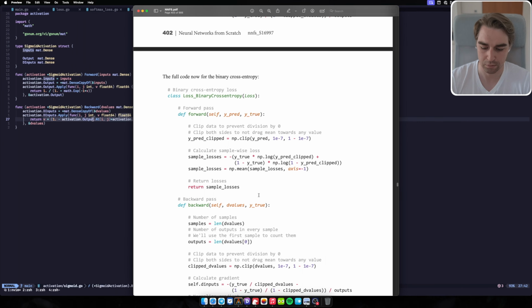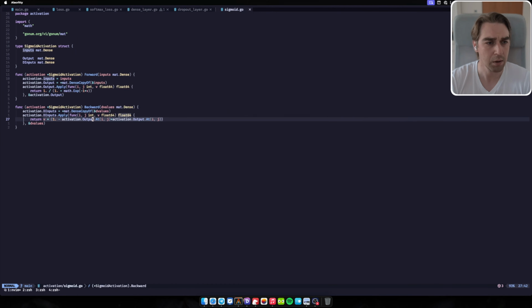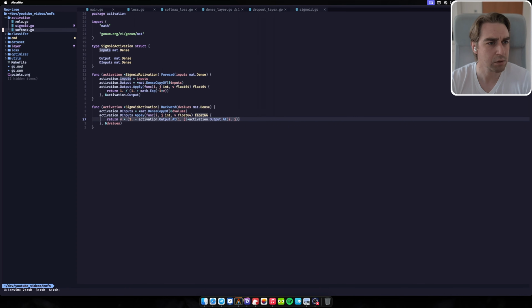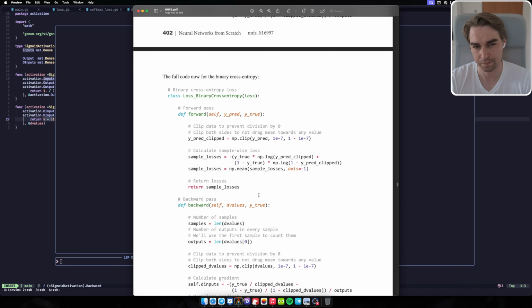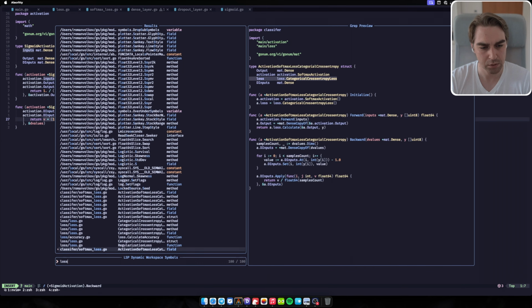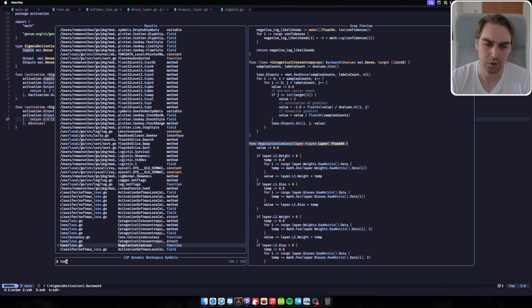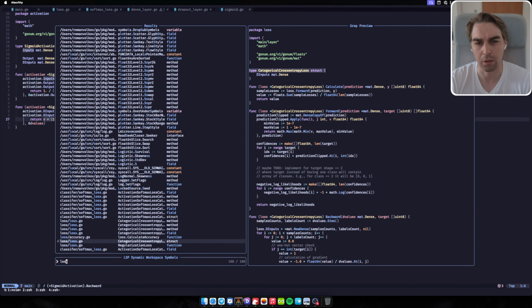Binary categorical. Okay, I'm checking the time. I probably will start where I have it. Loss. This is the activation. Categorical cross entropy loss.